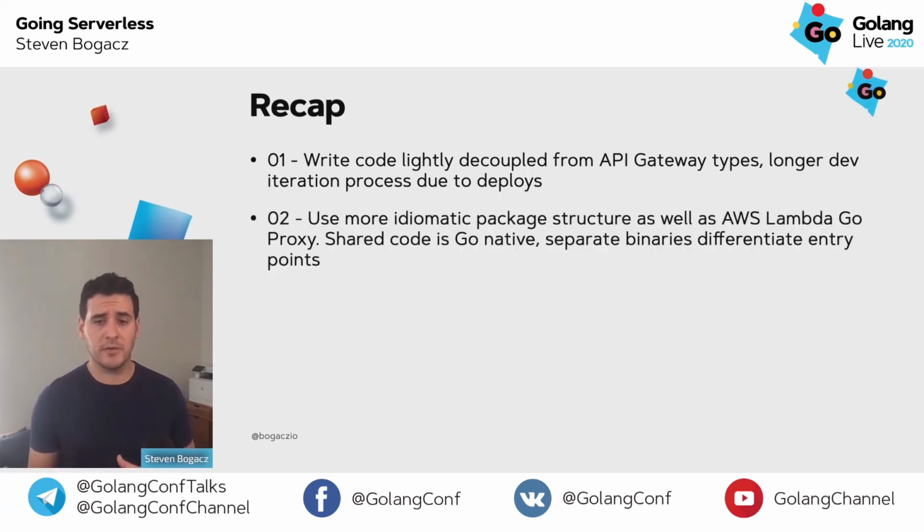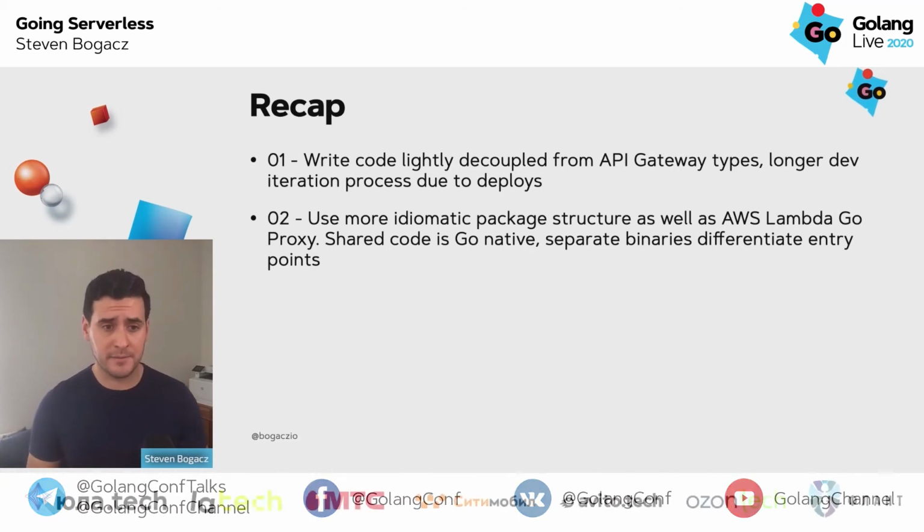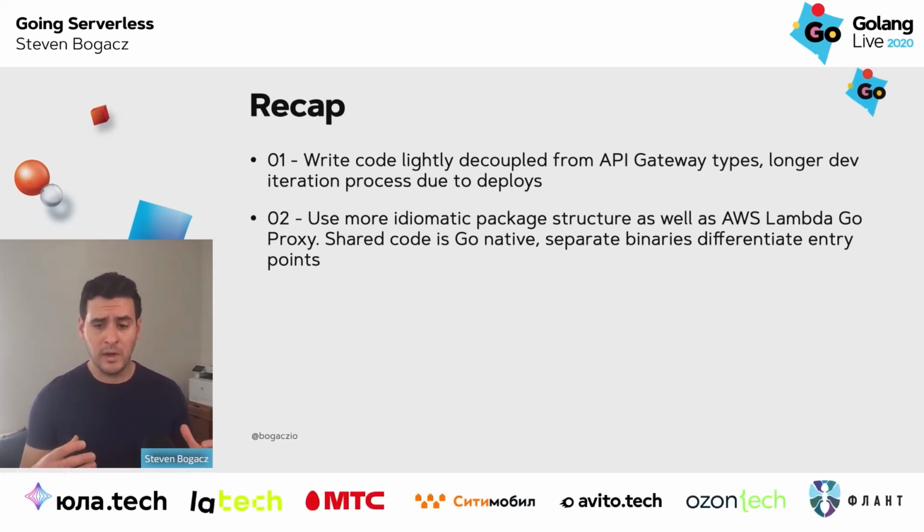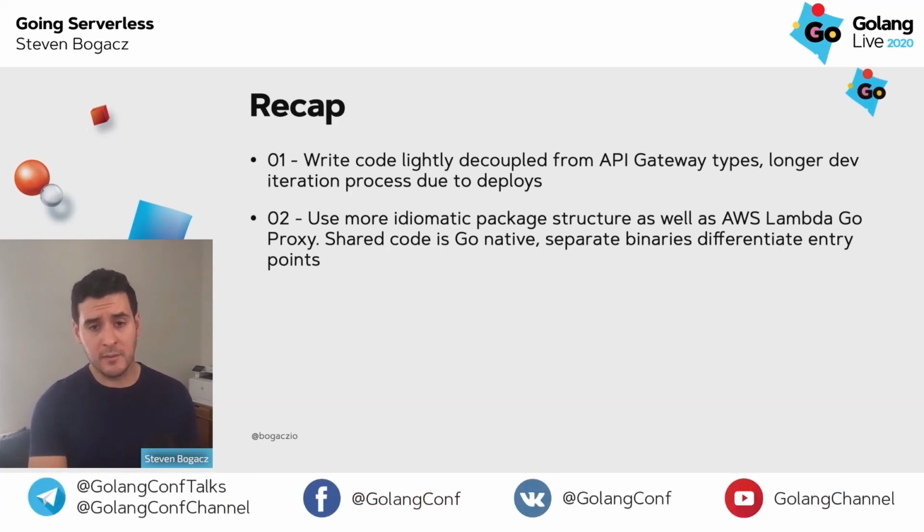We started using the AWS Lambda Go proxy code that let us abstract away the translation between an AWS proxy Lambda request and an HTTP request. We also got all of our shared code, the business logic, the database logic, all that stuff, into separate shared packages.